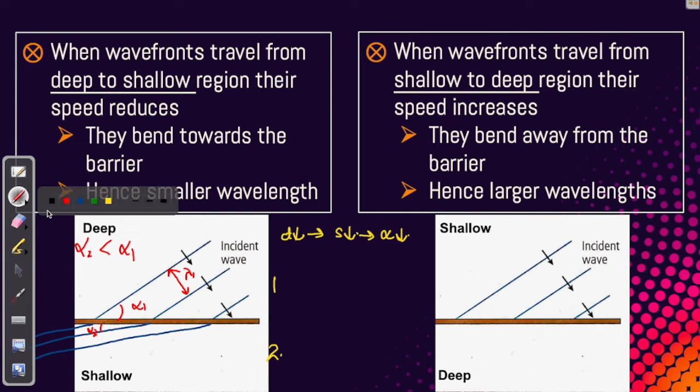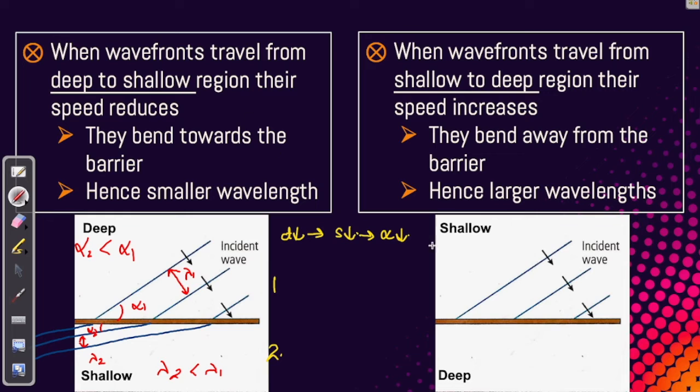So what is the new wavelength on the shallow side? Perpendicular distance again. Say it is lambda 2. You can clearly see that lambda 2 is less than lambda 1. So what is happening to the wavelength as well?